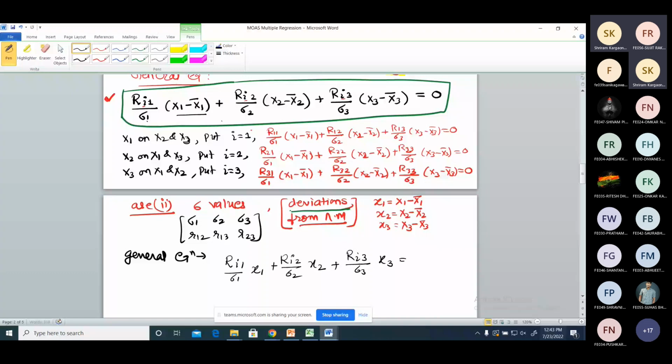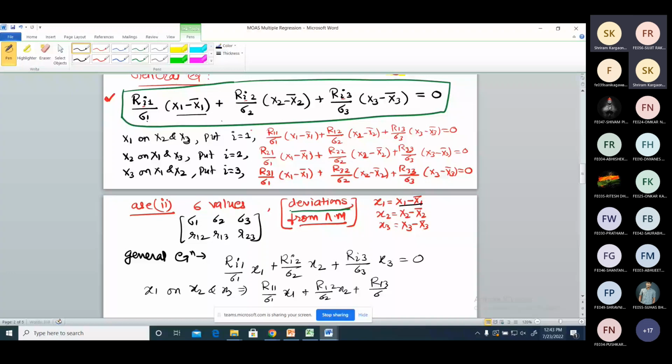Wherever there is x1 minus x1 bar, you have to put small x1, and x2 minus x2 bar, you put small x2. So these are the deviations from the arithmetic mean, and you replace them. All the processes are the same. If you want x1 on x2 and x3, the equation will be r11 upon sigma 1 small x1, plus r12 upon sigma 2 small x2, plus r13 upon sigma 3 small x3 is equal to 0.